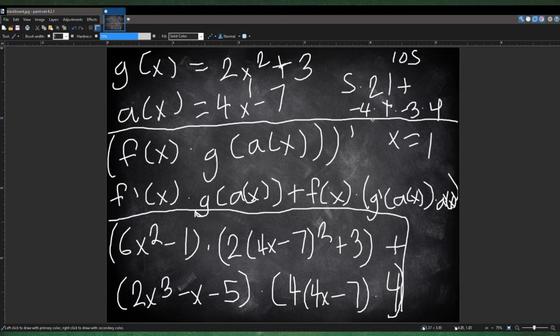Negative 4 times 4 is negative 16, times 3 is 48, times another 4, which is 192, I believe.